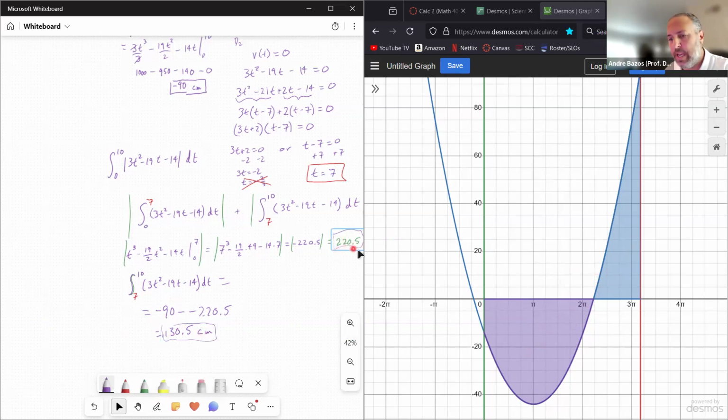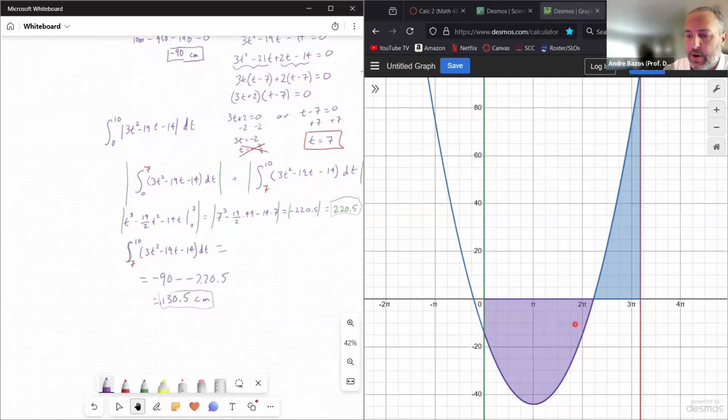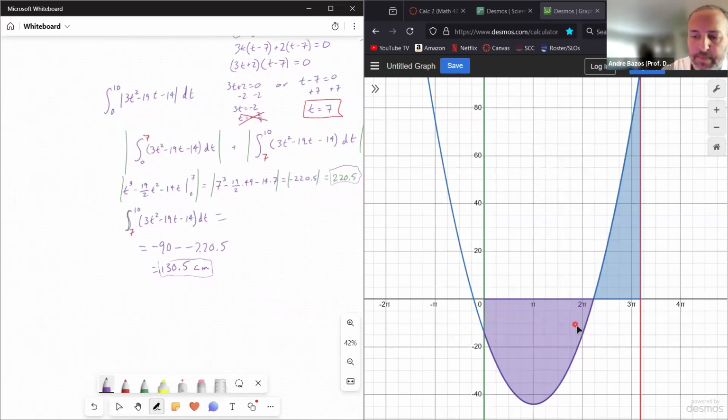This 220.5 is the integral from 0 to 7, so that's this purple area. So if we add these two areas together, we get the total distance.